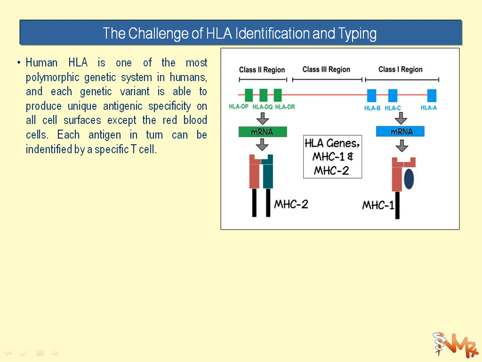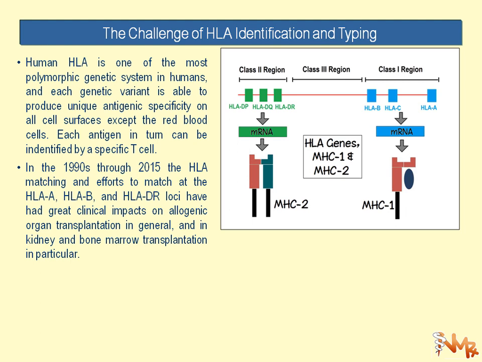In the 1990s through 2015, HLA matching and efforts to match at the HLA-A, B, and DR loci have had great clinical impacts on allogeneic organ transplantation in general, and in kidney and bone marrow transplantation in particular.